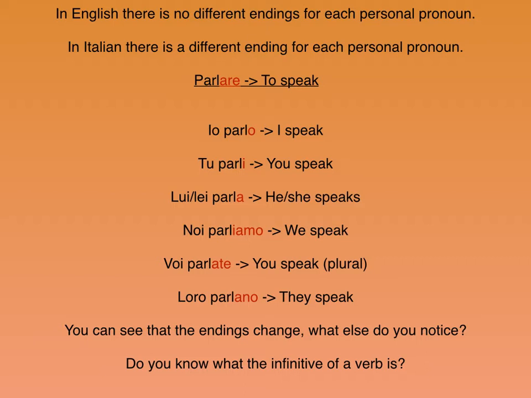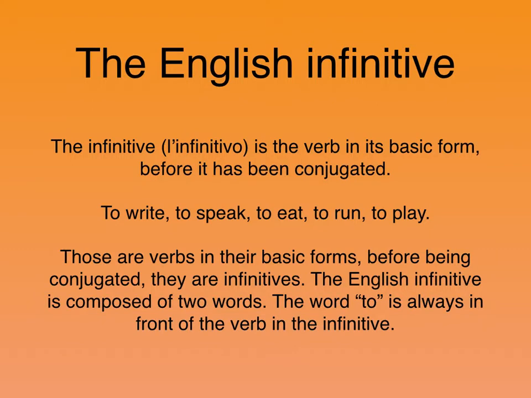Do you know what the infinitive of a verb is? In English, the infinitive is the verb in its basic form, before it has been conjugated. To write, to speak, to eat, to run, to play. Those are verbs in the infinitive, in their basic forms, before being conjugated. The English infinitive is composed of two words, and the word to is always in front of the verb in the infinitive.